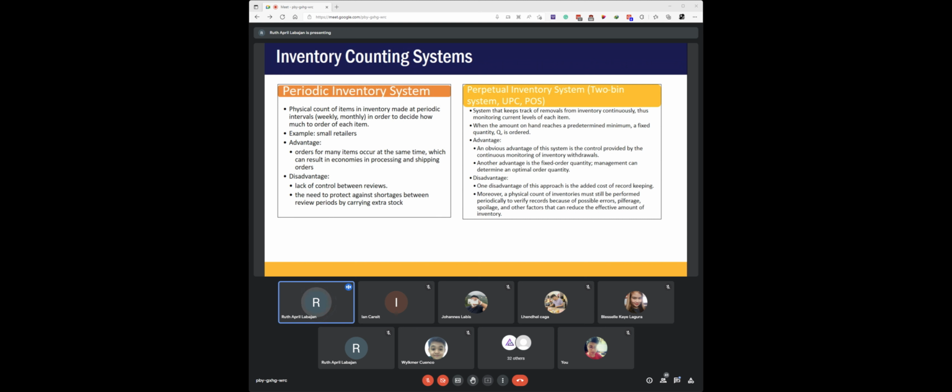Meaning to say, dili periodic iyang pagkuha. Every time na naay mawala sa tindahan, when I say mawala, naay paliton or makuha sa warehouse for instance, or even sa store, every time na naay kuhaon na inventory, it will automatically log in the system na naay nawala na isa ka buok, duha ka buok.